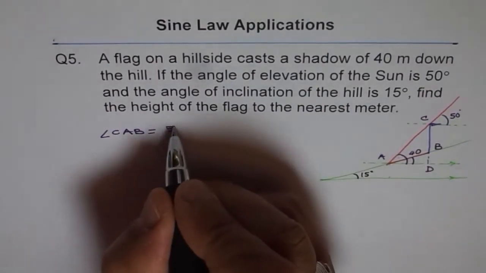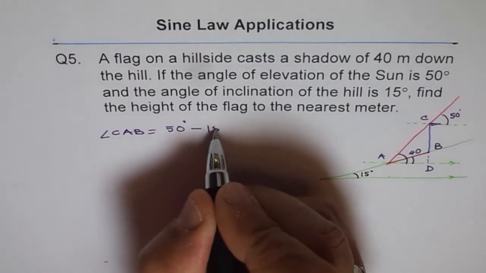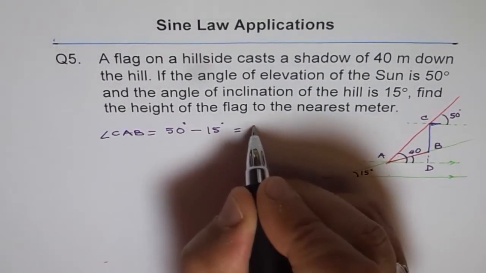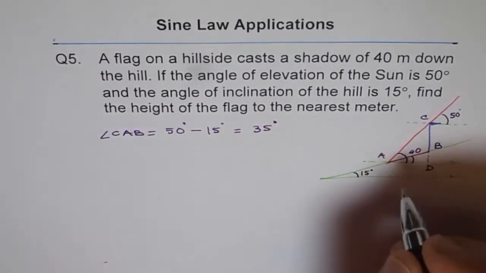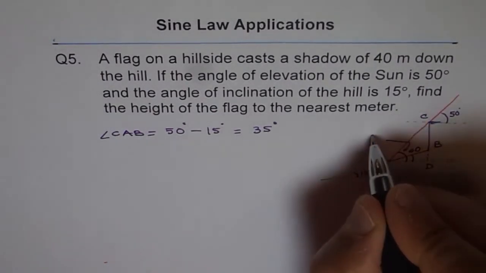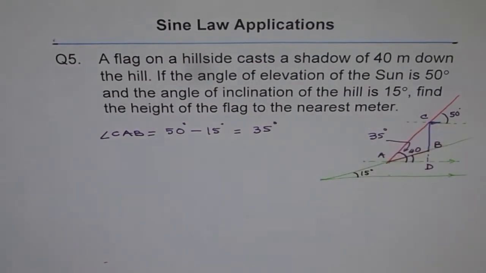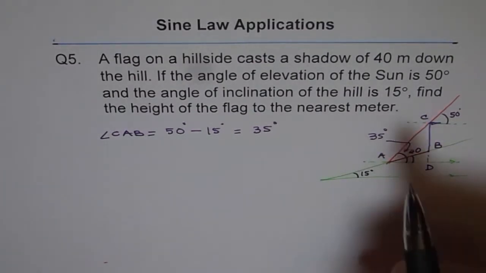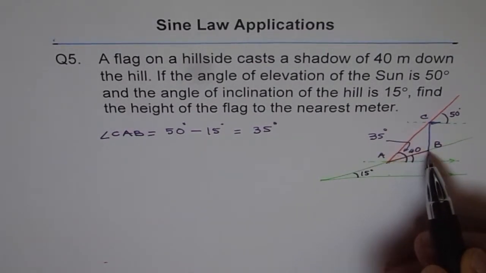So we have 50 degrees minus 15 degrees, which is 35 degrees. So we have this angle as 35 degrees.